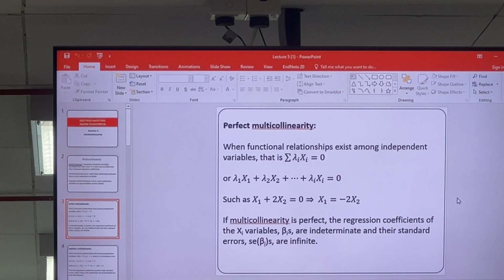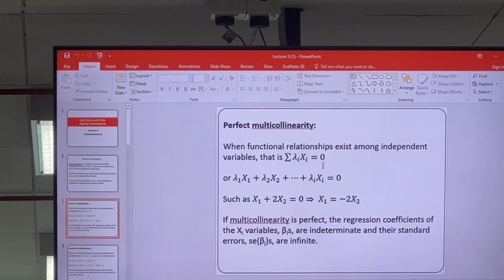So this example is for the case of perfect multicollinearity, when a functional relationship exists among independent variables, that is, the linear combination of the independent variables equals 0. For example, x1 equals negative 2 times x2, exactly equal.